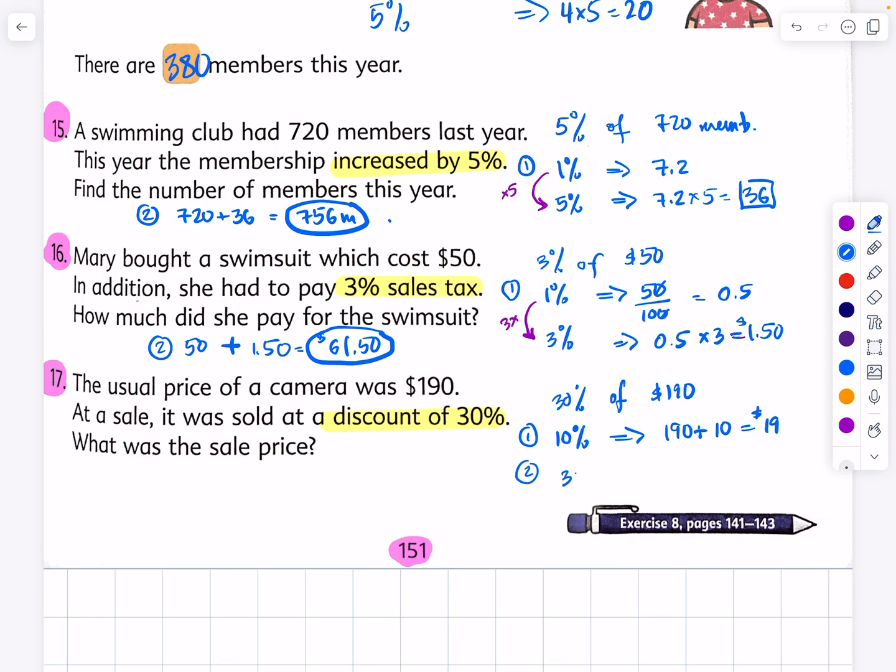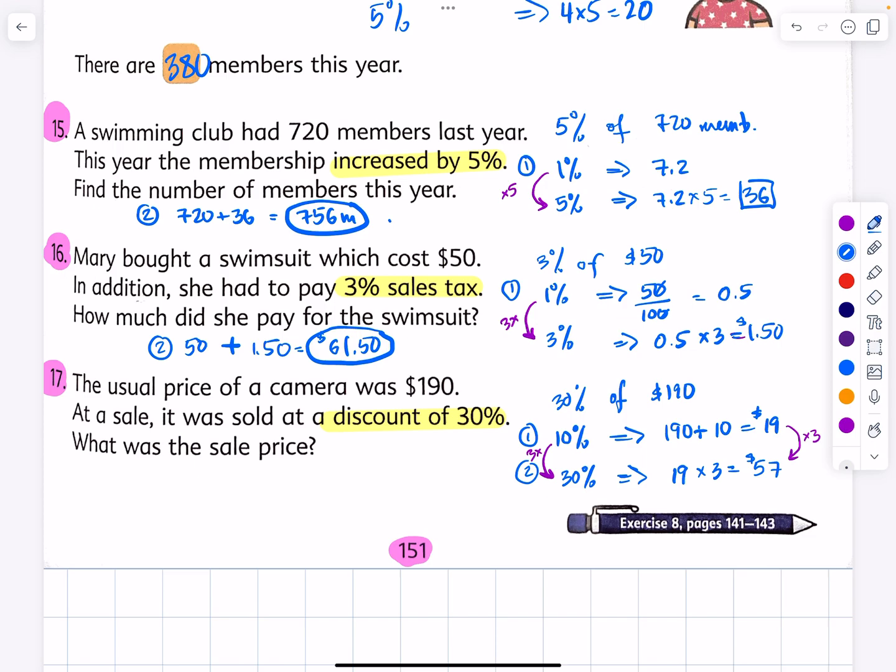Therefore, to find 30%, we would take $19, which is your 10%, and triple that amount. 19 times 3 is $57. Notice that to go from 10% to 30%, we triple our quantity.